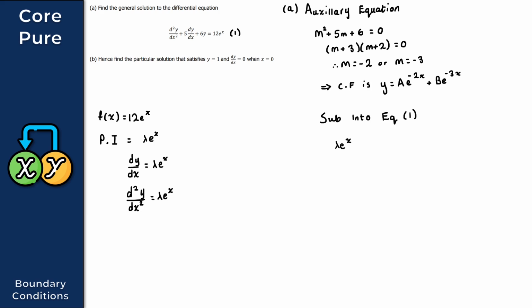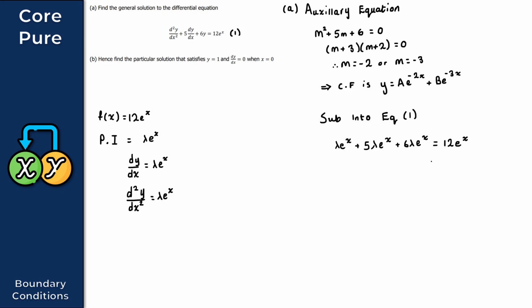We have 5 lots of the derivative, so 5 lots of dy by dx, that's 5 lambda e to the x. And then we've got 6y, where y is lambda e to the x, so we get 6 lambda e to the x. And that's equal to 12e to the x.